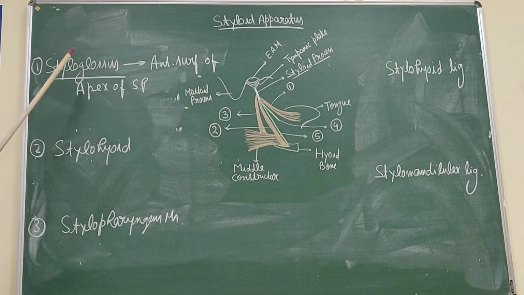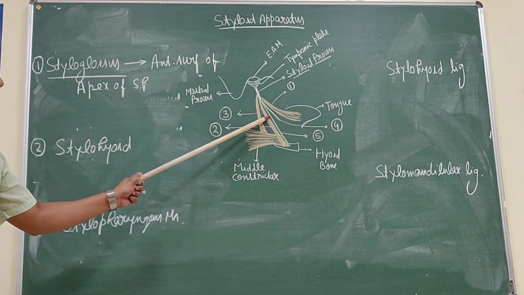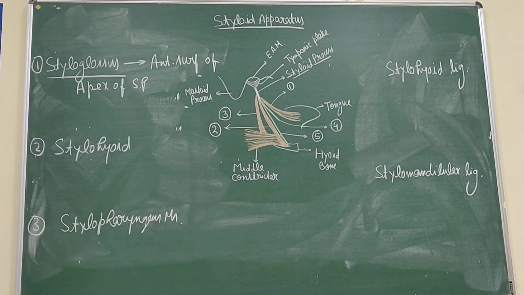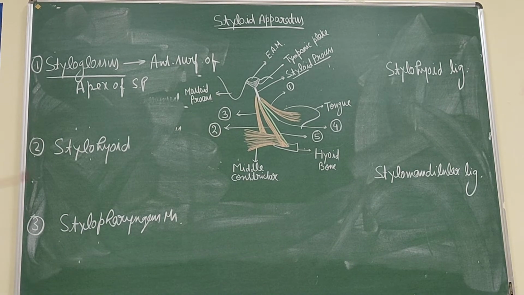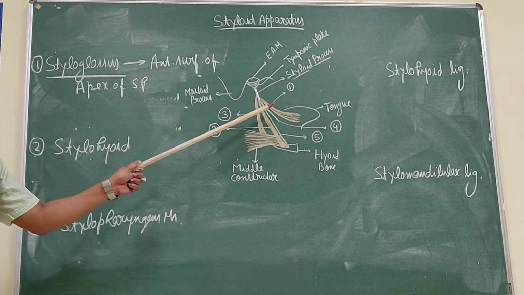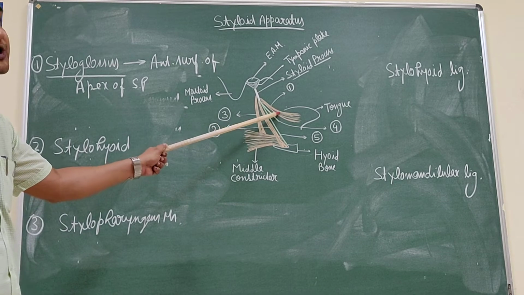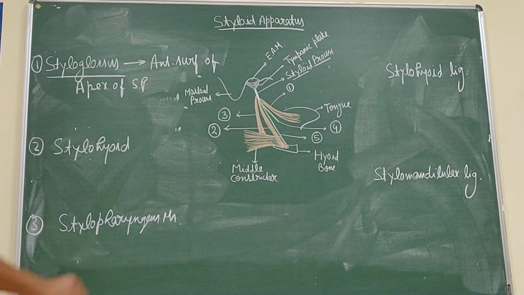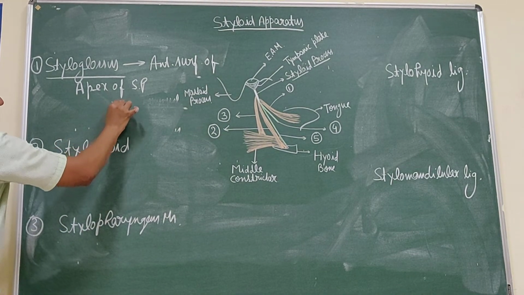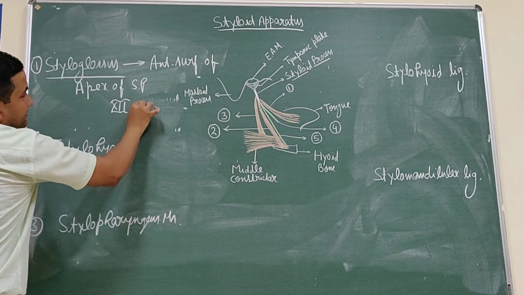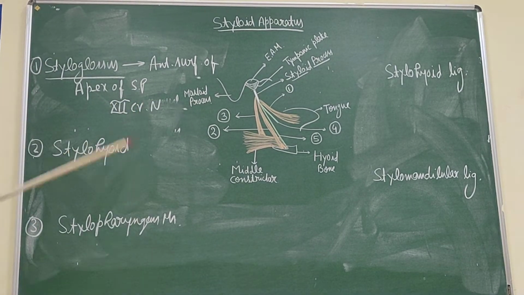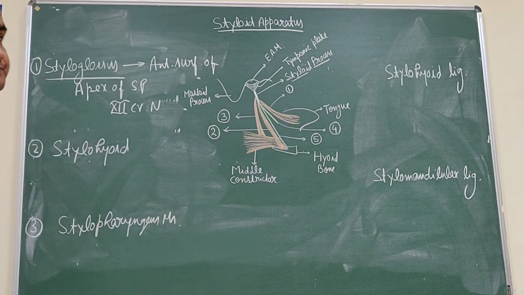Along with this, the styloglossus muscle takes origin from the stylohyoid ligament. This styloglossus muscle, as we discussed earlier, is the extrinsic muscle of the tongue supplied by the 12th cranial nerve. So its action is on the tongue.